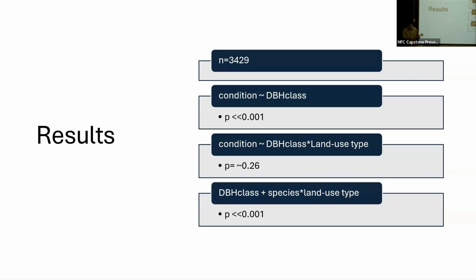I only wanted to look at species which included more than 100 individuals in the inventory. So DBH on its own was statistically significant. However, when you factor in the land use type interaction, the results are no longer statistically significant. And then when you factor in the DBH class plus the species land use interaction, the results are once again statistically significant.